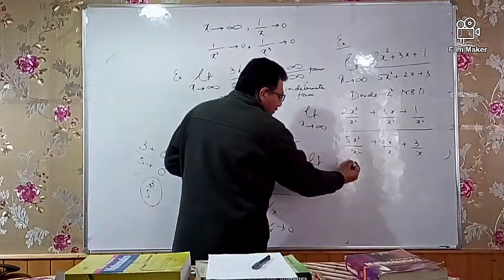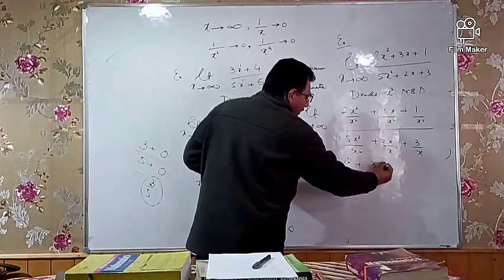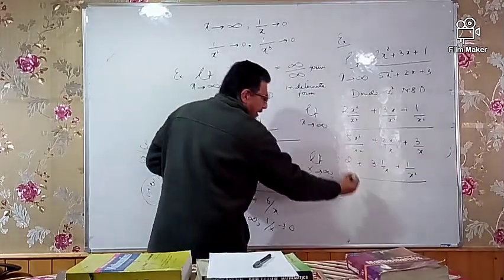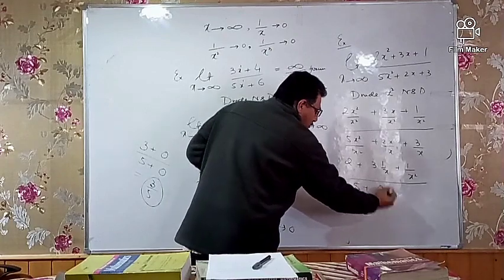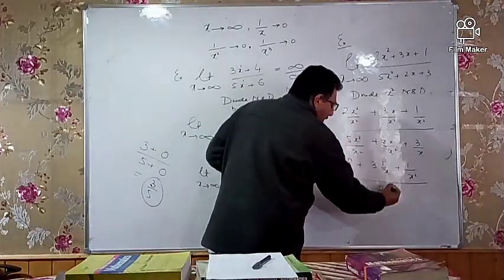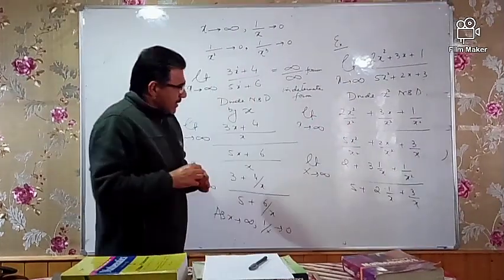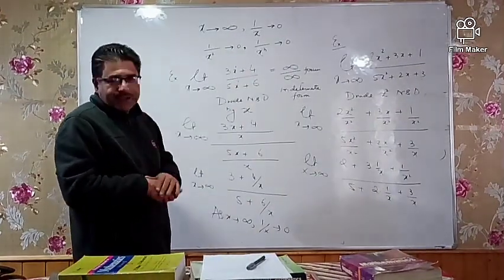So you will get 2, then 3 into 1 by x, then 1 by x square, divided by 5, then 2 into 1 by x, then 3 into 1 by x square. So this will reduce to this question.